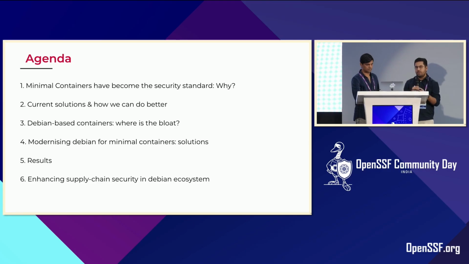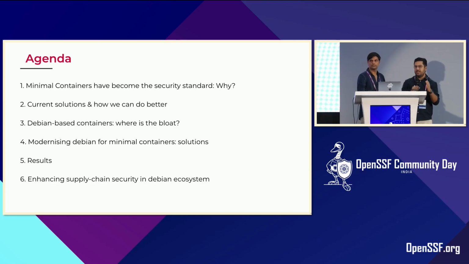So Abhishek will talk about Debian-based containers, where the bloat is in them, and modernizing them from a security perspective. What are the solutions? He'll talk about some of the results, and in general, enhancing this software supply chain ecosystem or security in the Debian ecosystem.